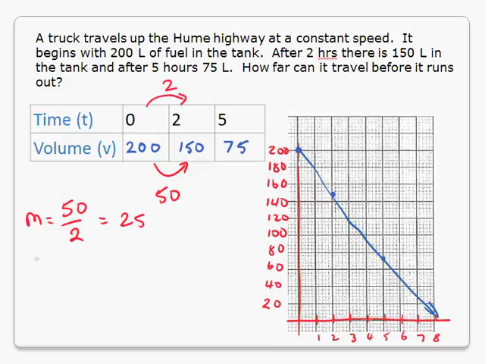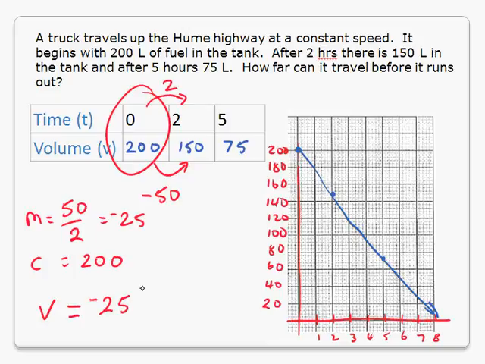And my constant term is, the clue there is that I'm starting at 200. So my rule is that my volume in the tank is going to equal the gradient. Right, now the gradient was actually going down. Alright, so the gradient is negative 25 t plus 200.